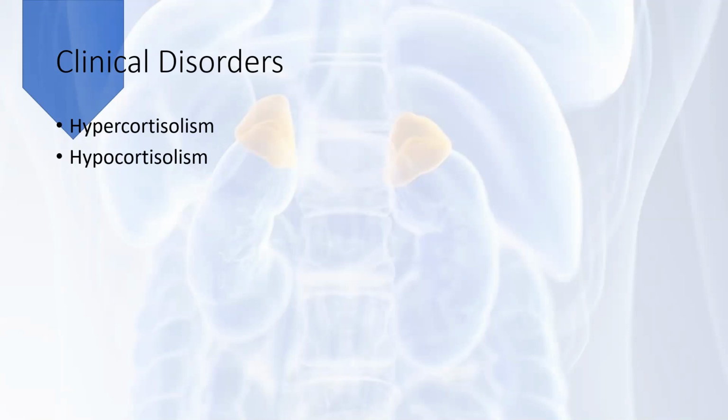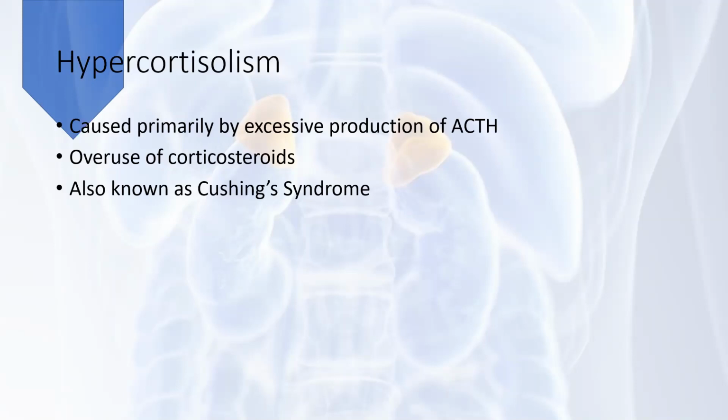Now, having said, pag-usapan muna natin what is hypercortisolism. When we say hypercortisolism, this is a condition that is characterized by excessive production of our ACTH. Having said that there is an excessive production of our ACTH, what will happen? It will cause an increase in the production of our cortisol.